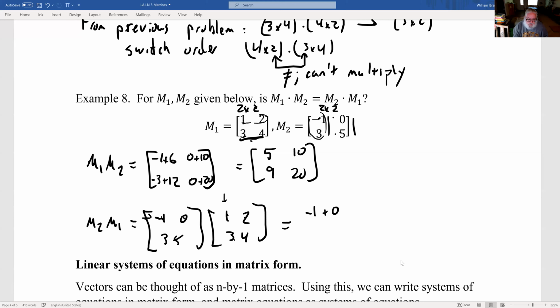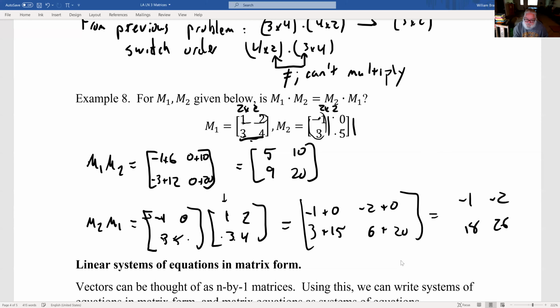Minus 1 times 2 is minus 2 plus 0 times 4 is 0. 3 times 1 is 3 plus 5 times 3 is 15. And 3 times 2 is 6 plus 5 times 4 is 20. And what do we end up with? Minus 1, minus 2, 18, and 26.